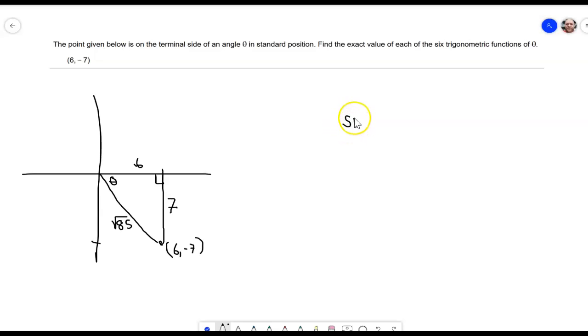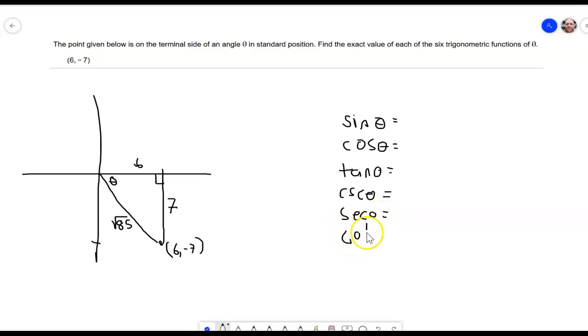We're going to have the sine of theta equal to, cosine of theta equal to, the tangent of theta equal to, cosecant of theta equal to, the secant of theta is equal to, and the cotangent of theta is equal to.